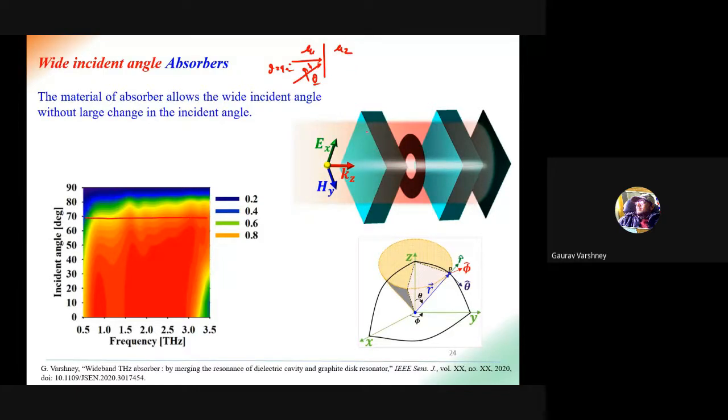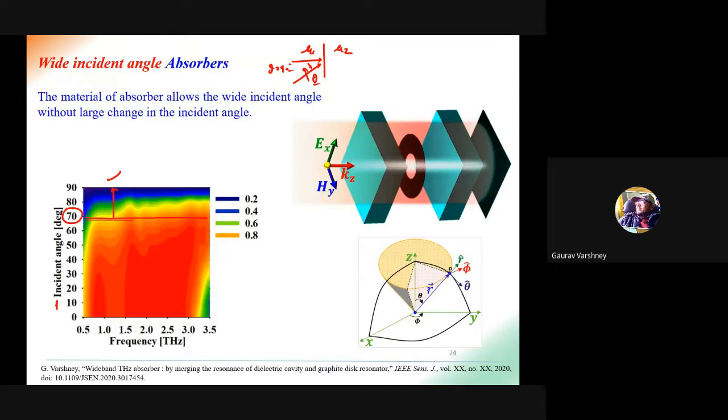Such absorbing units exist, like this one, providing similar absorption over a broad frequency spectrum up to around theta of 70 degrees, and we have to increase this up to 90 degrees. So this is another research gap.